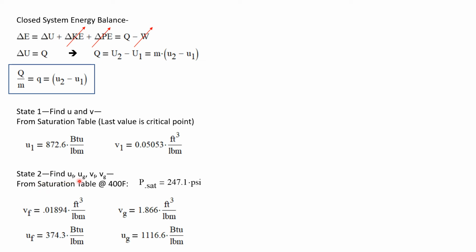We want to find u and v values, and we're going to get the specific volume of a saturated liquid and the specific volume of a saturated vapor, and we'll get the internal energy of the saturated liquid and the internal energy of the saturated vapor. So all of these values are taken from the saturation table at 400 degrees Fahrenheit. And we also note that at the second state, the saturation pressure is 247.1 psi.